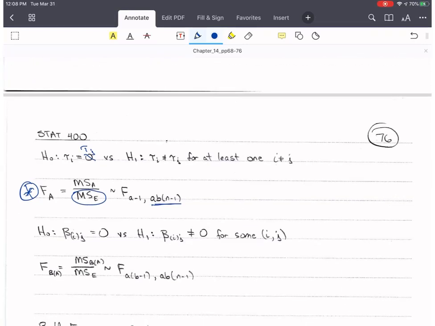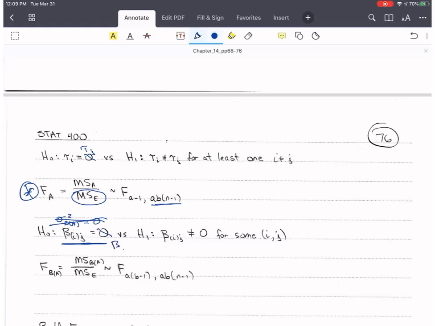So we have MSB nested within A divided by MSE, and that's testing. But now instead of testing the variance is equal to 0, that's random, we're not doing that. We're now testing that the effects of the nested factor are all 0, or I should say that they are all the same.